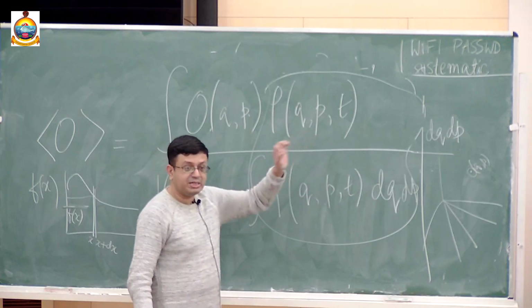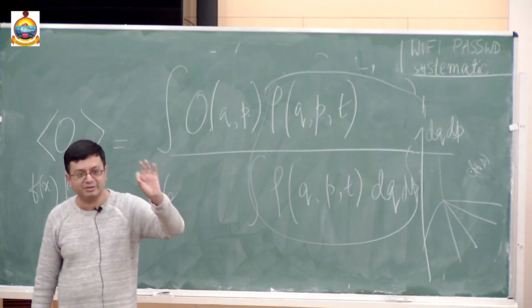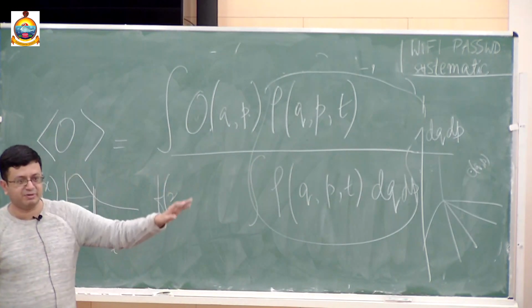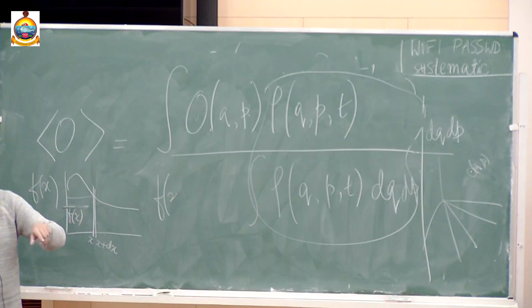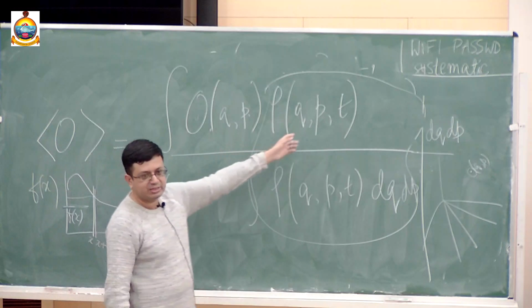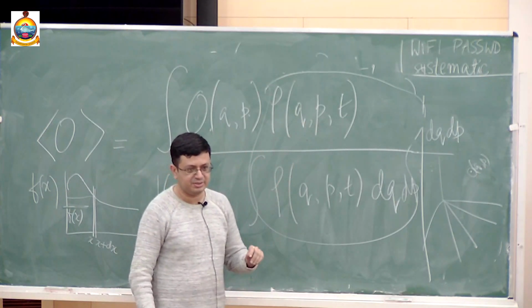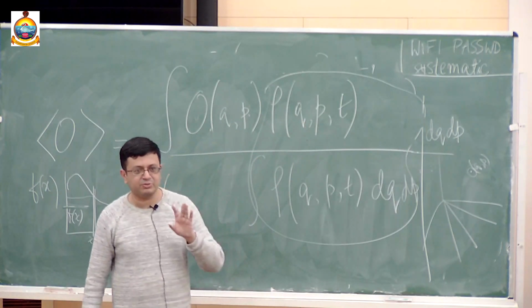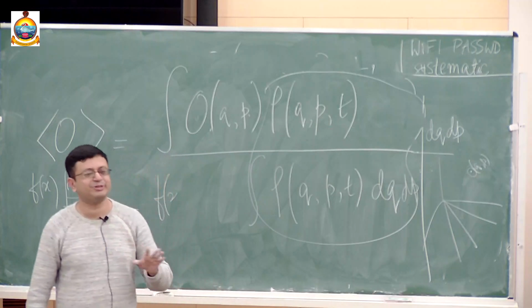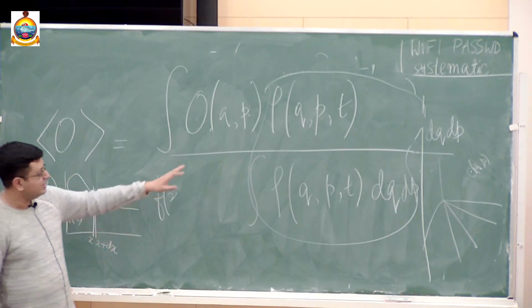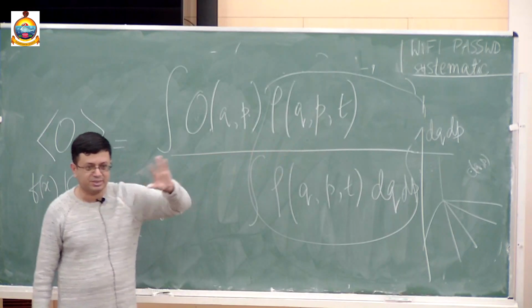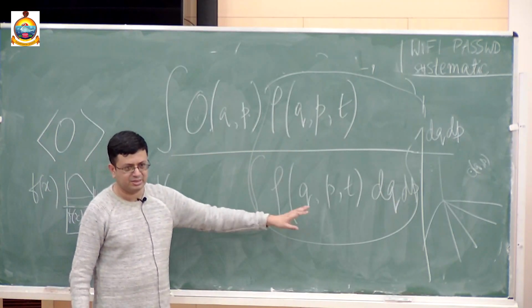Now with this definition, rho qpt indeed becomes the probability density in this phase space. If I make an experiment, how many times am I going to get this particular microstate? If this is confusing, you can stay with the interpretation as density, and keep writing the denominator.